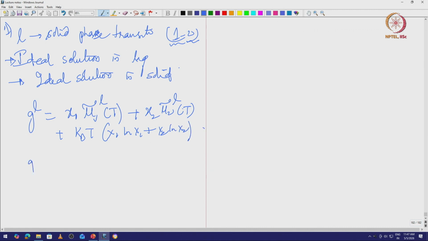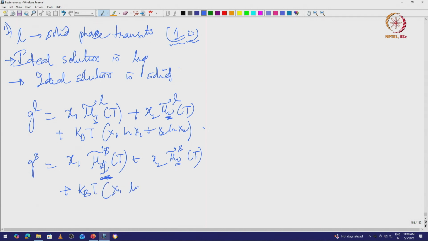And similarly, G of solid is x1 mu 1 tilde of solid, that is pure solid of 1, plus x2 mu 2 tilde of solid, pure solid of the second compound. This is pure platinum solid, this is pure platinum liquid. This is the chemical potential in pure palladium liquid, this is the chemical potential in pure palladium solid, plus kBT (x1 ln x1 plus x2 ln x2).